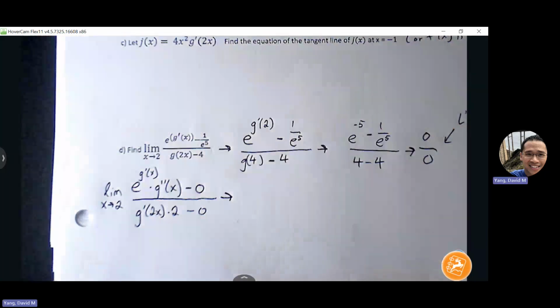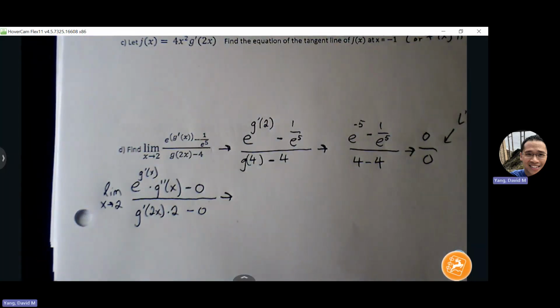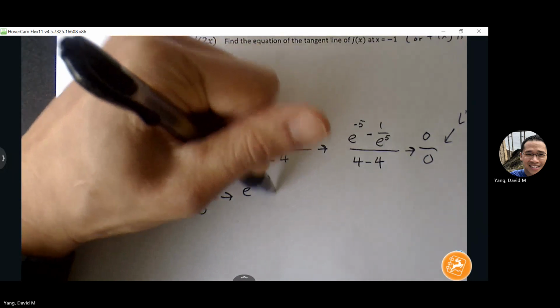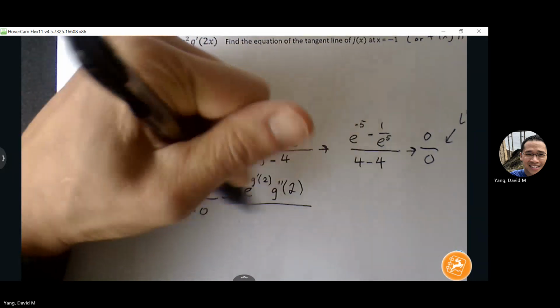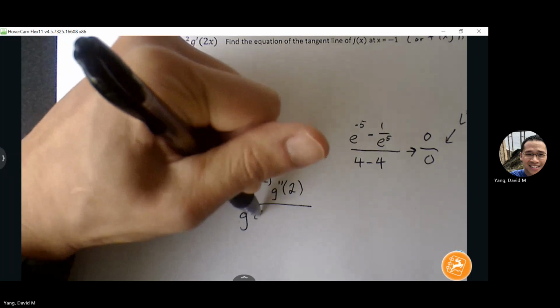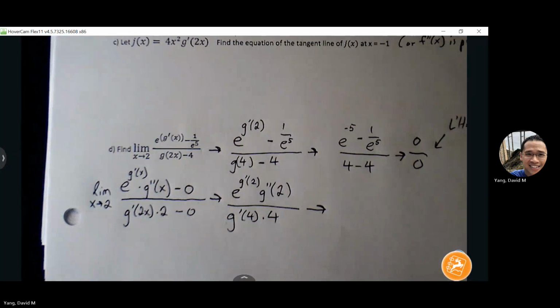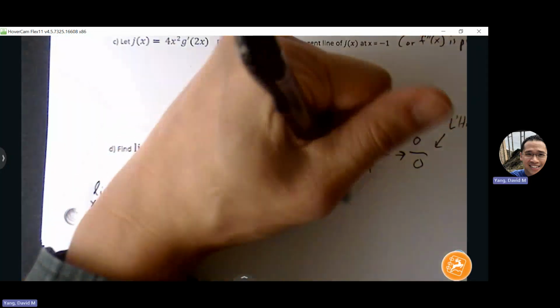Okay. So now that we have a different version of the expression, let's do what again? Yeah, plug the value in, and hopefully this will lead us to a real number. If it doesn't, if it gives us another 0/0, then we can do L'Hopital's rule again. So e to the g prime of 2.